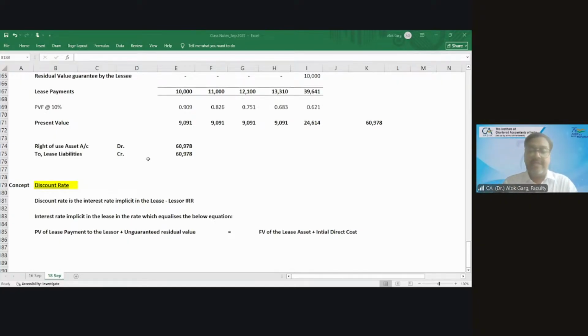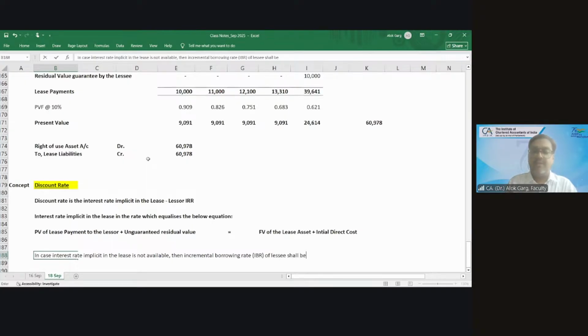Okay. So in case the interest rate implicit in the lease is not available, then the incremental borrowing rate, IBR, the incremental borrowing rate of the lessee, shall be used.